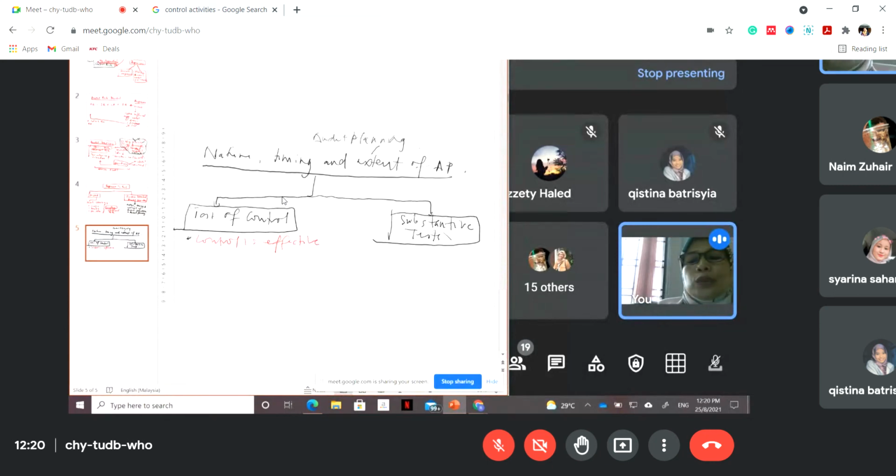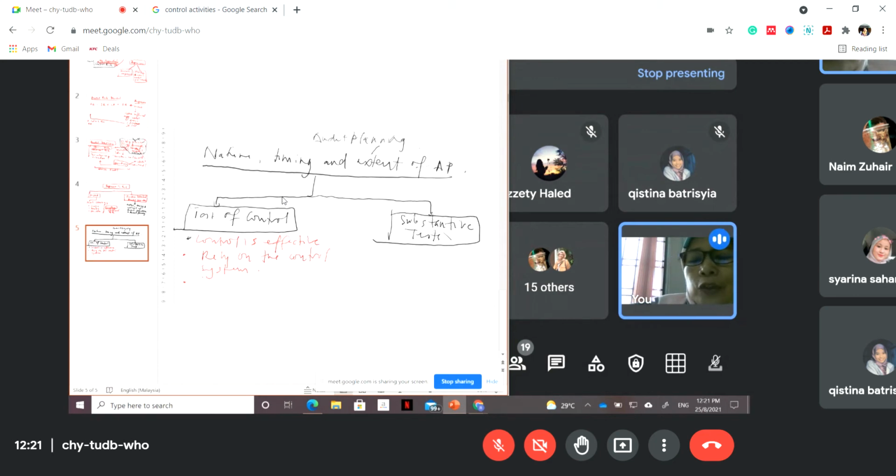When the control is effective, then you will rely on the control system, so it is easier to plan the extent of your audit procedures.